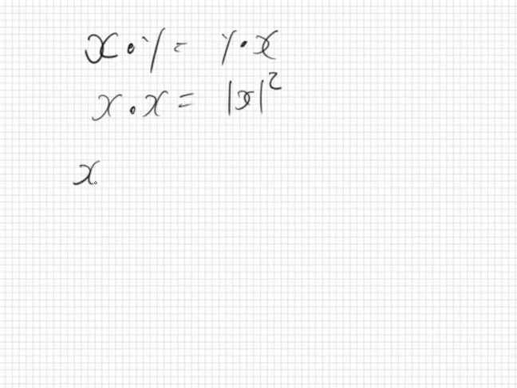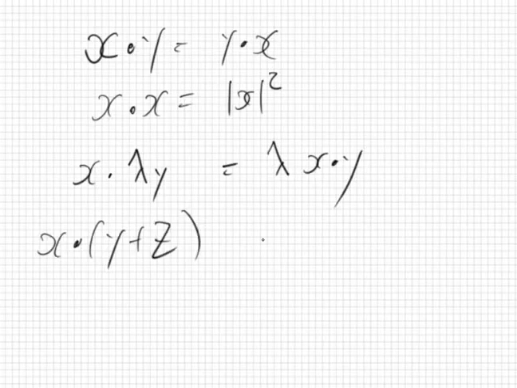You can also assume that you're allowed to pull constants out in the front. And finally, you're allowed to assume that x dot (y plus z) equals x dot y plus x dot z. And like I said, you can use these in your proof, unless, of course, you're being asked to prove something basic like that.